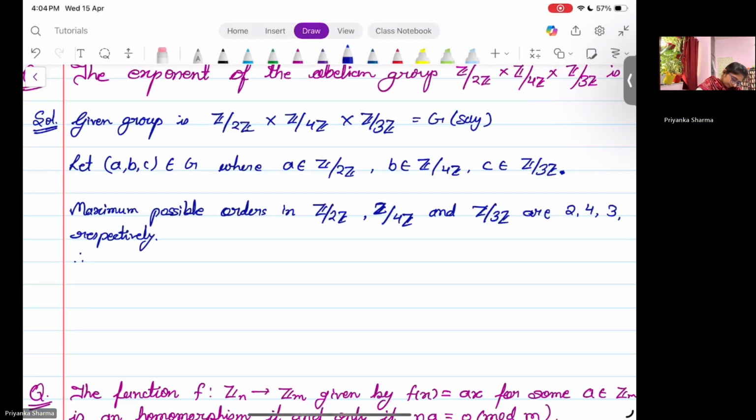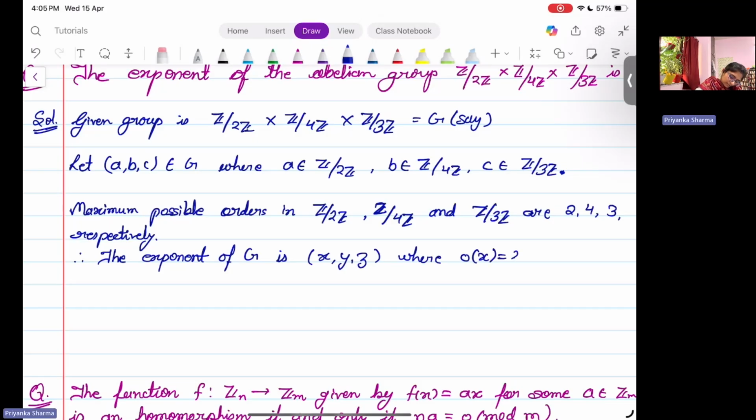Therefore, the exponent of G is, say, some x comma y comma z, where order of x is 2, order of y is 4, and order of z is 3.